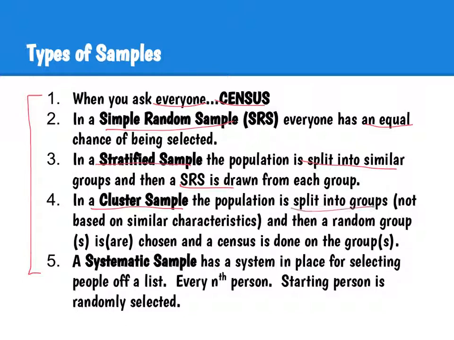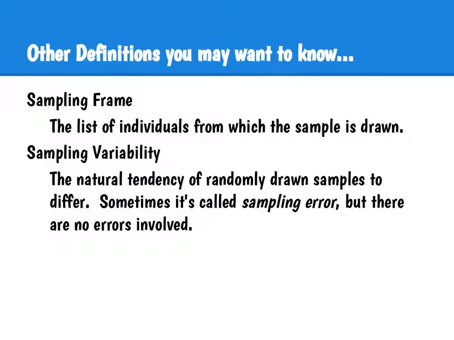Cluster, split into groups and do a census. Systematic, you're looking for every nth person, but make sure you start at a randomly selected person. Okay, sampling frame is where you get your people from. Sampling variability, which is also the same thing as sampling error, is because samples are different.